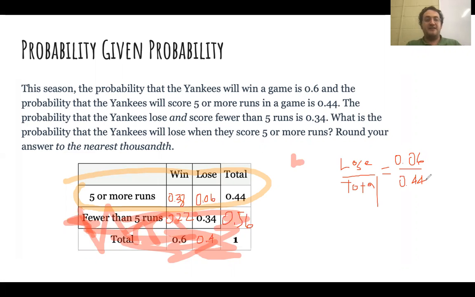And then I'm just going to divide that, and it says to the nearest thousandth, so that's 3 decimal places. That's going to be about 0.136. So we have about a 13.6% chance of losing in that situation.